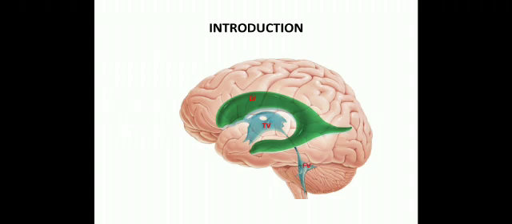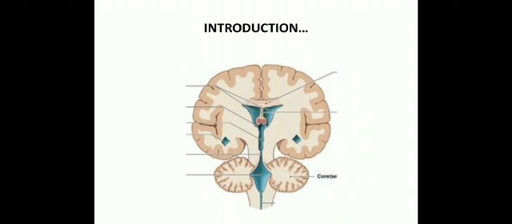So here the CSF is formed mainly in the choroid plexus of the lateral ventricle, and to a lesser extent it is present in the choroid plexus of the third and the fourth ventricles. So the CSF passes from each lateral ventricle to the third ventricle through the interventricular foramen.